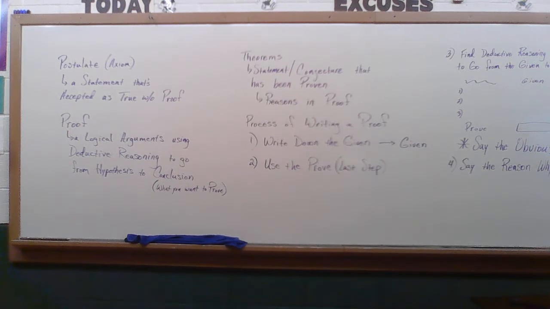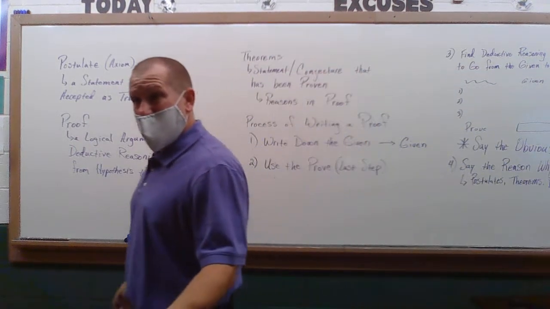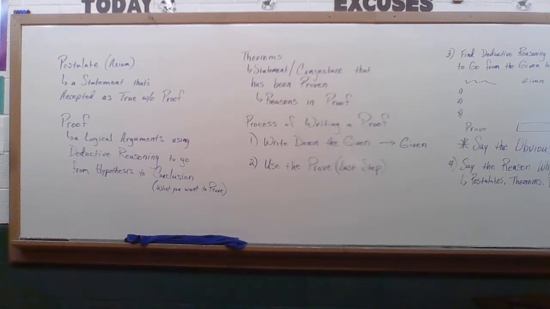When I do this, I can use postulates. I can use theorems. I can use definitions. What are definitions? Exactly what it sounds like. In the back of your book, you probably don't know, there's a glossary. So you could go back into the glossary and look it up.